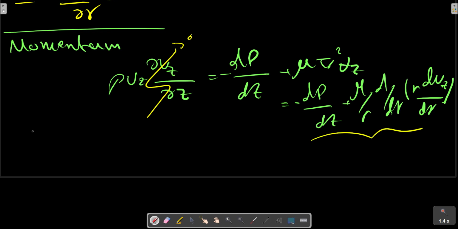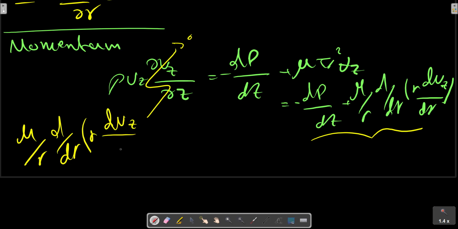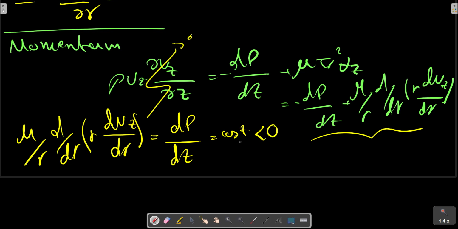So we have only two components in this relation, which are d/dr of r dVz/dr equals minus ∂P/∂z, equals a constant and smaller than 0.